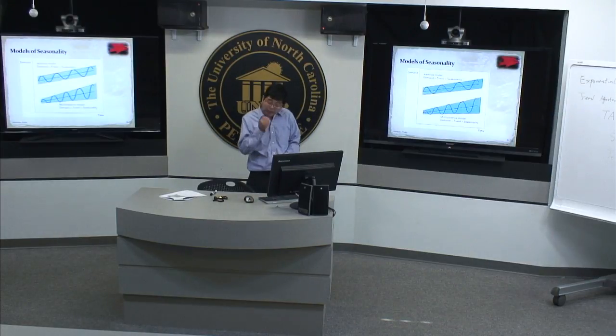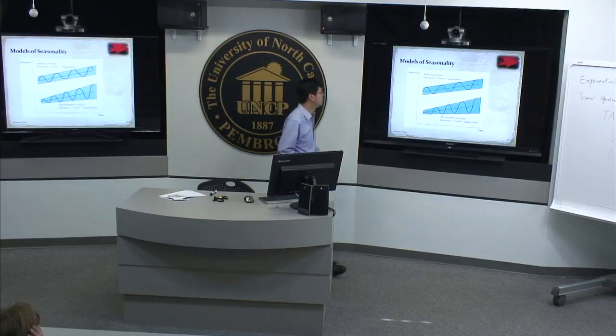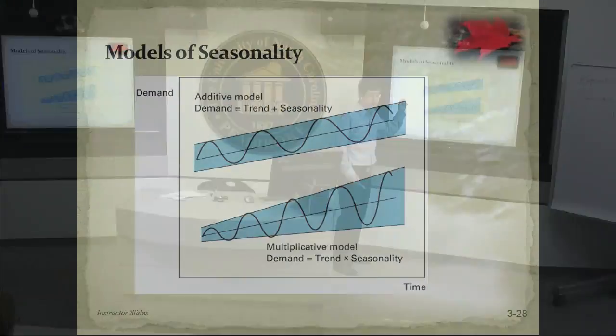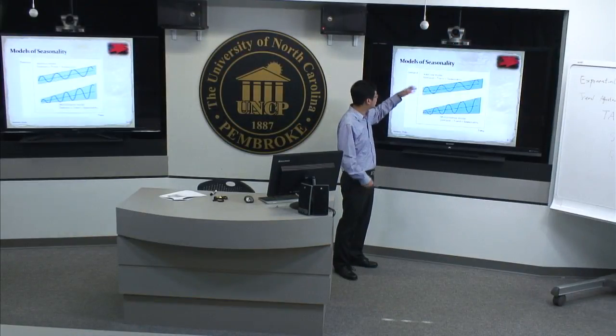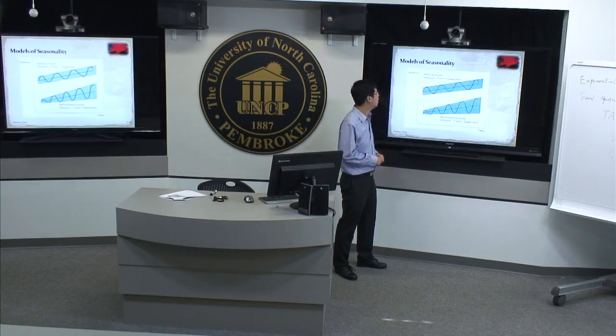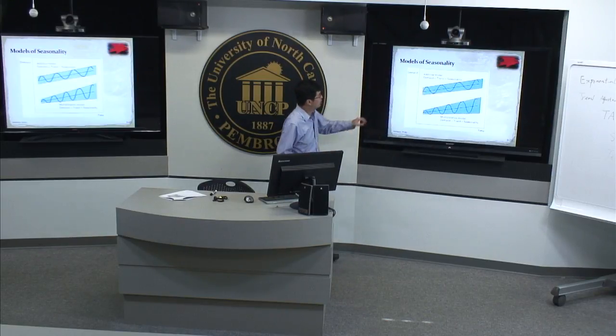Let's talk about why we need these two different models to capture seasonality. Look at the first graph, the upper one. This demand has very obvious seasonality, up and down. You can think of summer up, winter down, like swimming glasses.